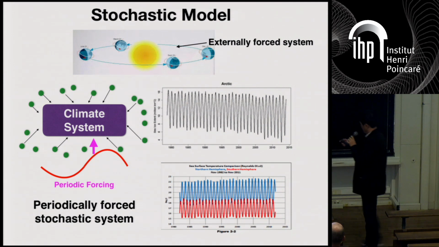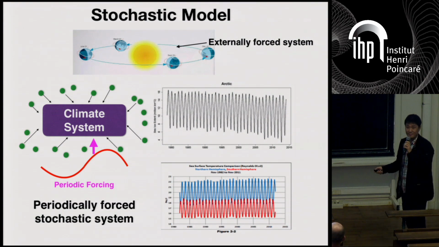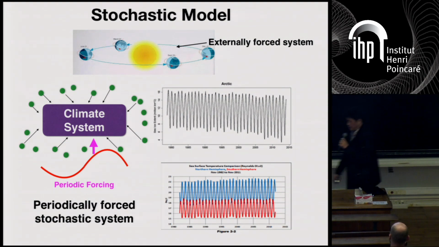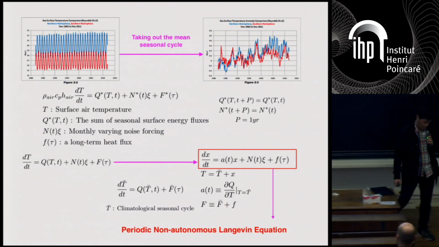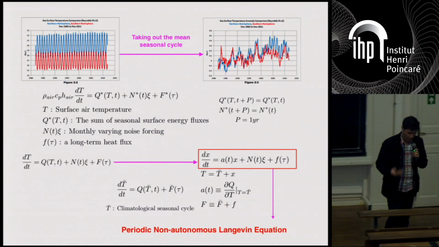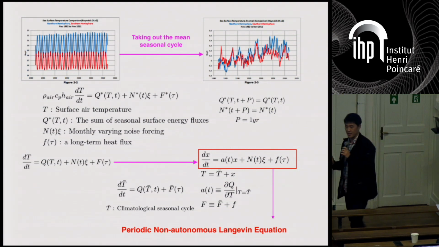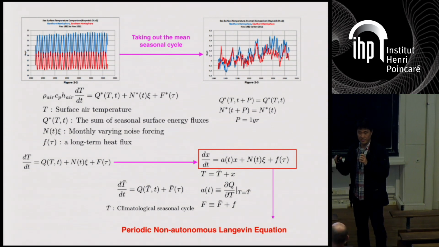And the change means this cycle is slightly updating because of some reason, maybe including global warming. So what I want to do is apply some stochastic model to represent some variation around that seasonal cycle, which is the dominant cycle over there. That's the purpose of this talk.